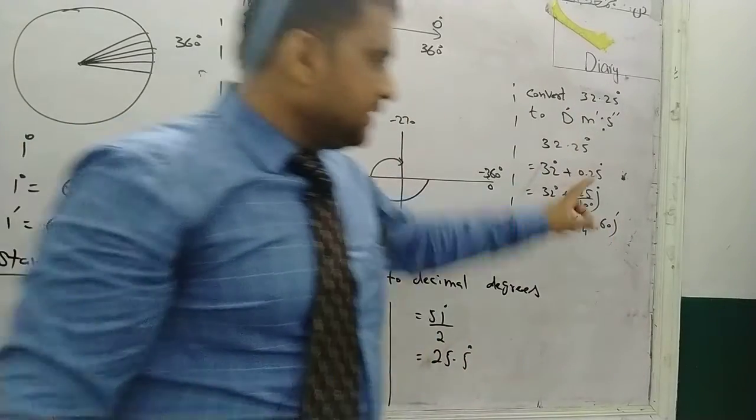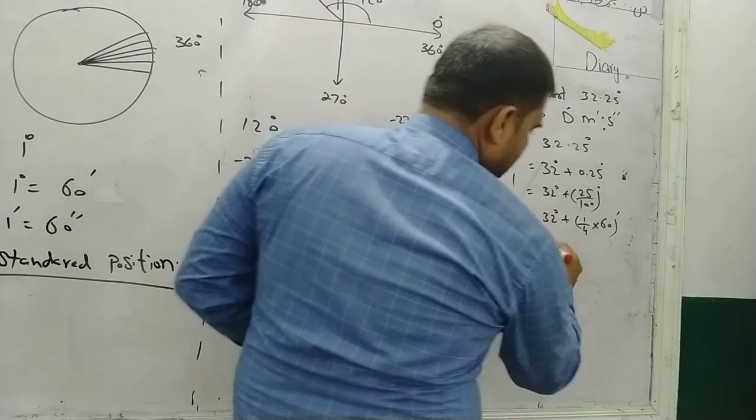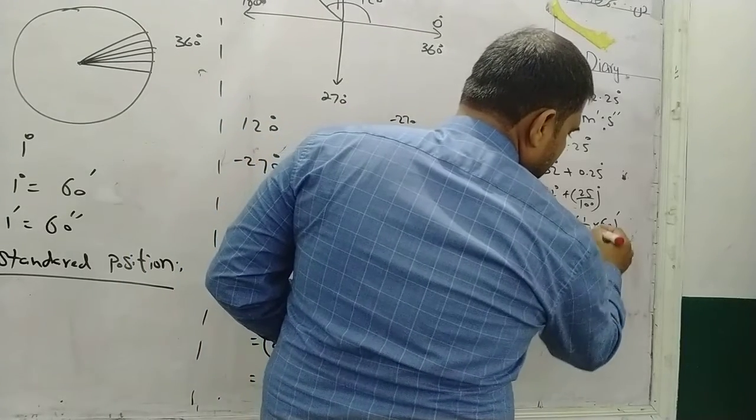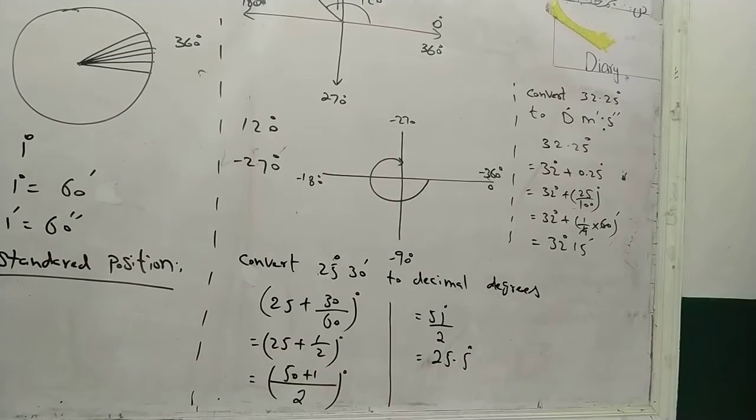When degrees are changed into minutes and seconds, multiply by 60. So that is how we change it.